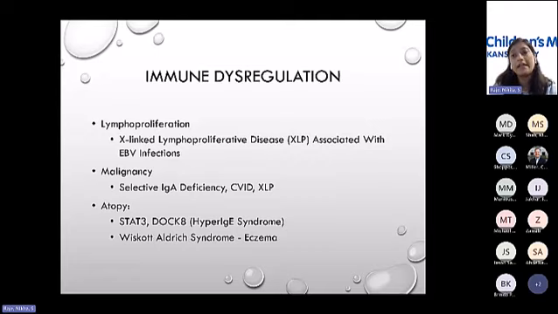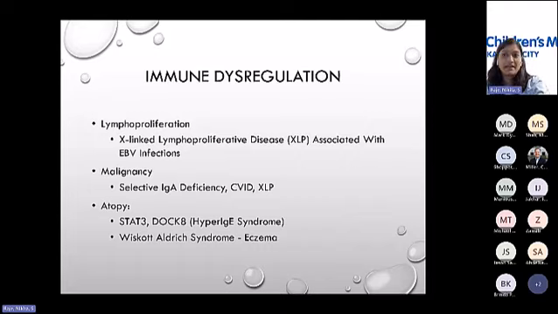Wiskott-Aldrich. Atopy is present in some of the IEIs that are very typical: STAT3 loss of function, DOCK8, which are called hyper IgE syndrome, and Wiskott-Aldrich syndrome, which is associated with eczematous rash, as well as other atopic issues.